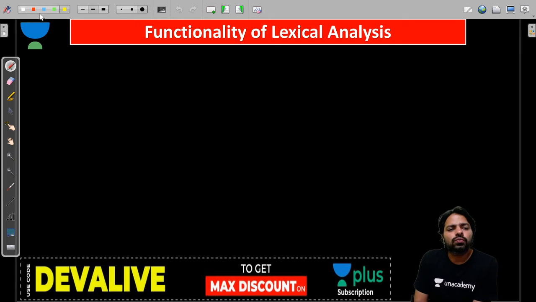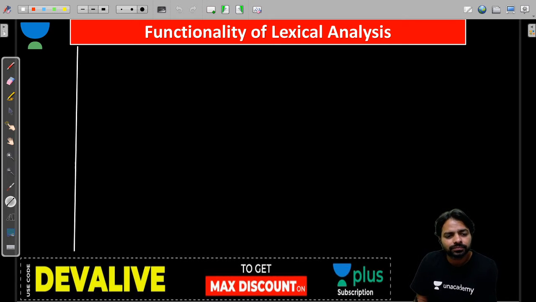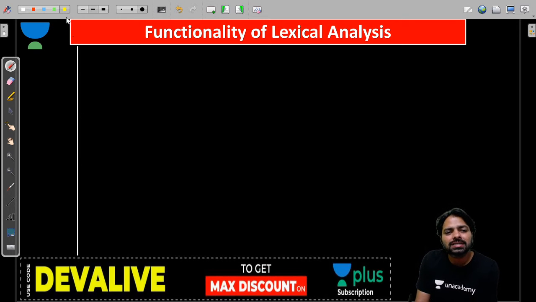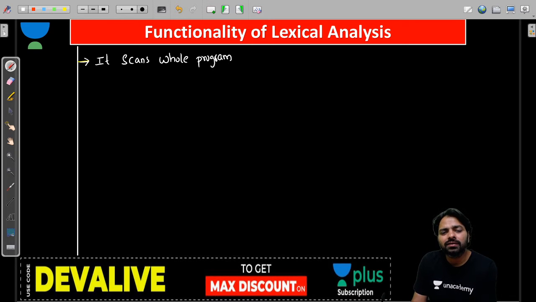So for understanding the functionality of the lexical analyzer, let me talk about it one by one to have clarity. What is this lexical analyzer? Tell me, what do you know about it? It scans the complete program, the whole program, without leaving any character.